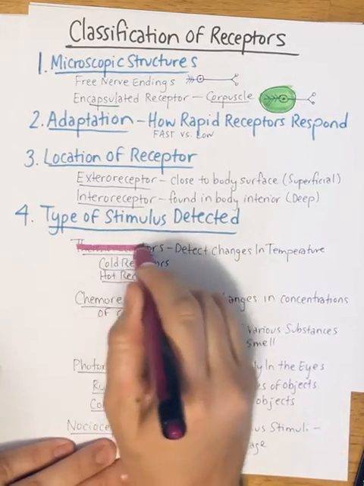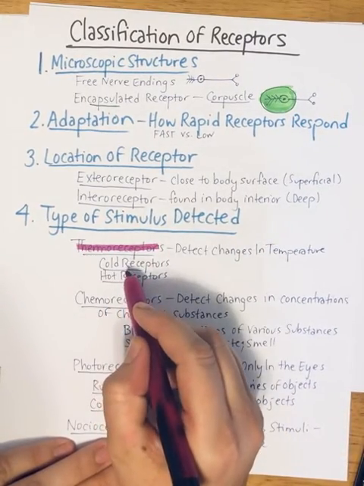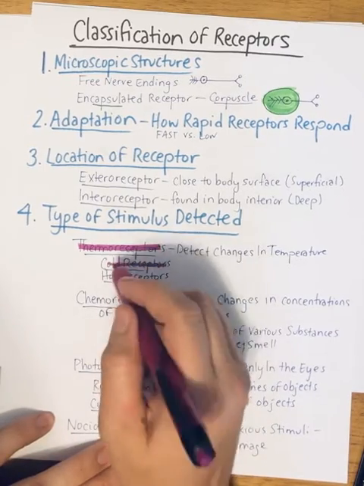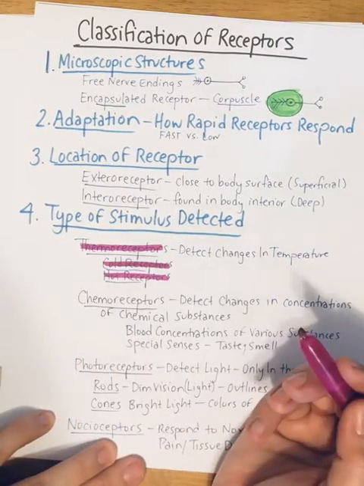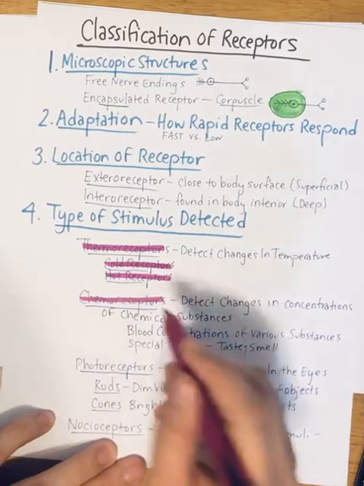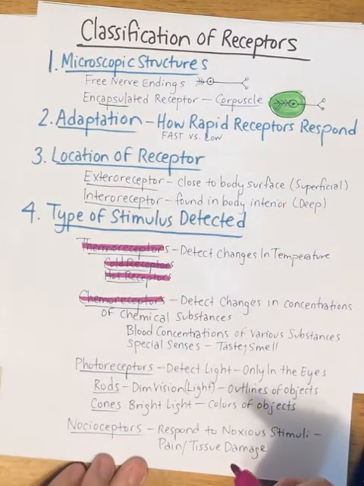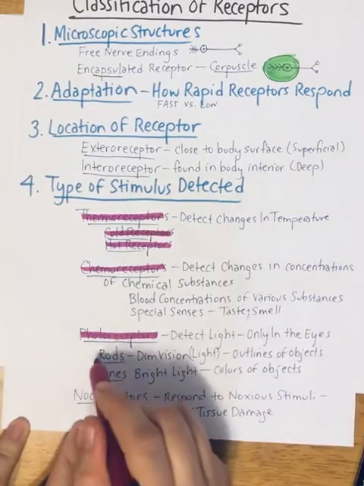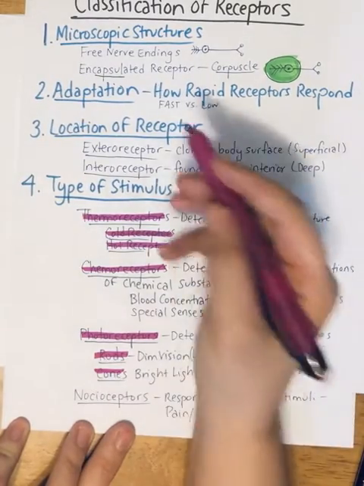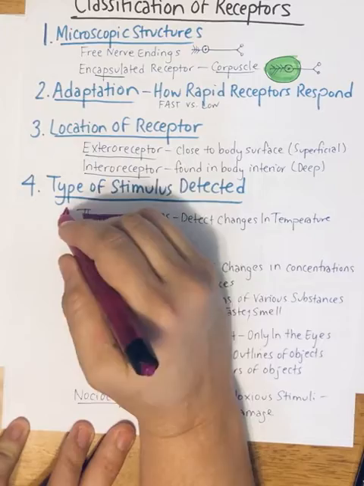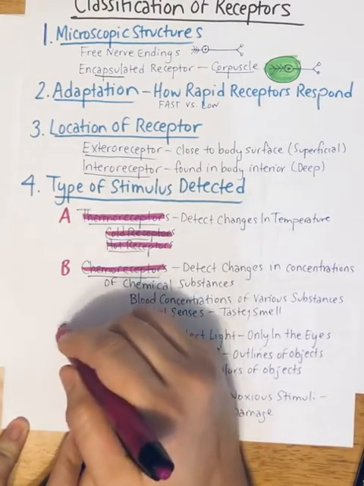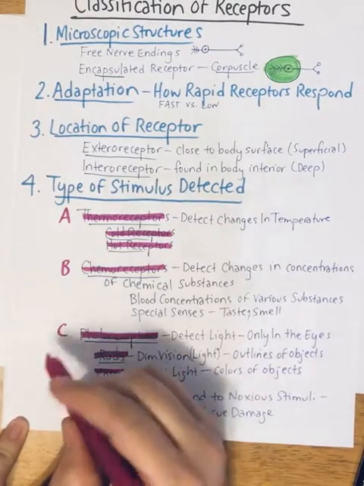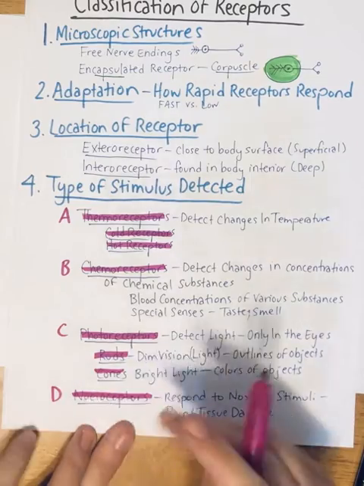So thermoreceptors are going to be broken down into cold receptors and hot receptors. Then you have chemoreceptors that detect concentrations of chemicals. Photoreceptors are going to detect light, which are called rods and cones. So you literally could say A, B, C, nociceptors, D, we kept going.